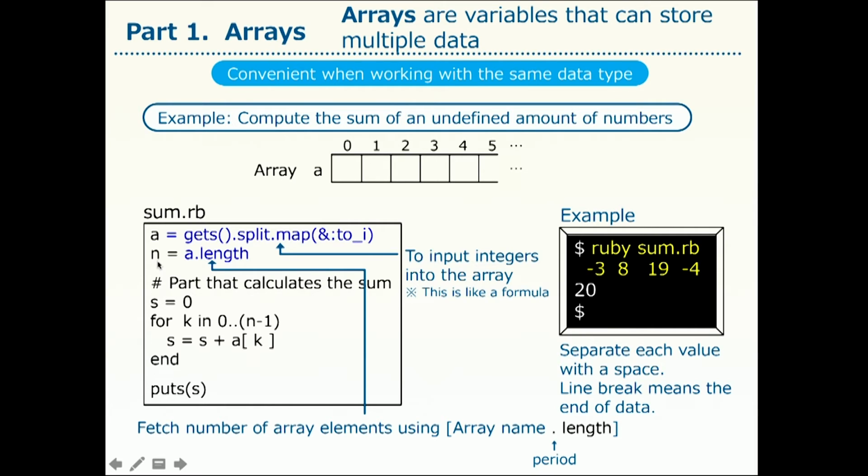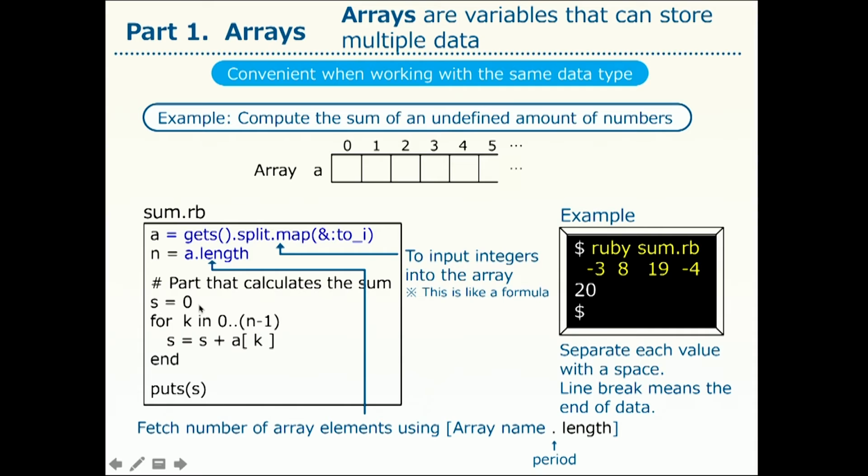Then, using an array A, keeping the input integers, and the variable n, keeping the number of these integers, the computation of sum, this part, is roughly the same as before. First, the initial value of the answer for the sum is set to 0. Then this loop is performed.